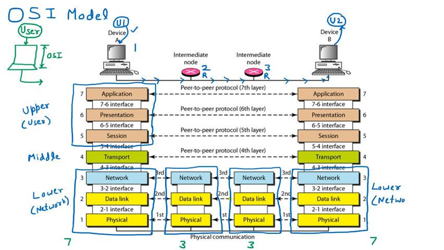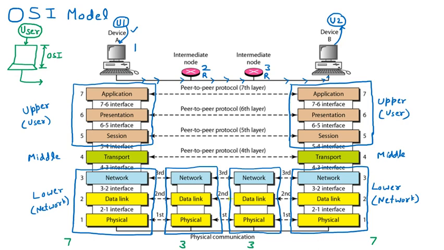And then there is the middle layer, the transport layer, that provides the data to the upper layers, and then the above 3 layers are there which interact with the user. So these are the upper layers and they help the user.